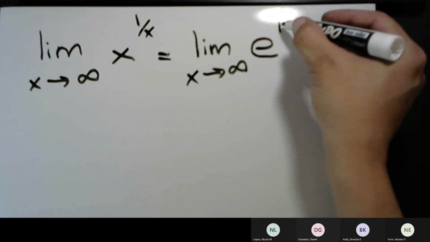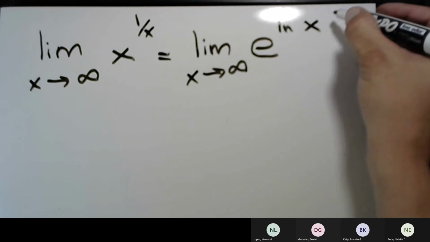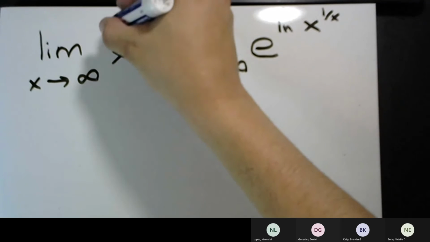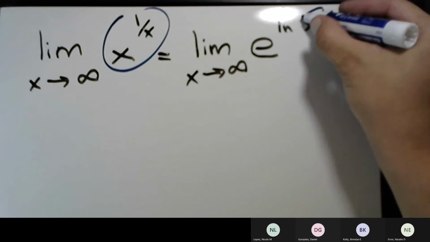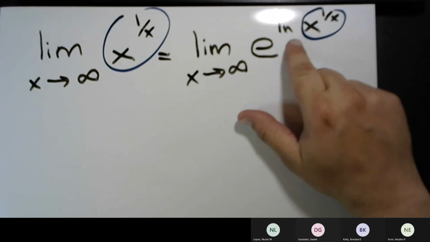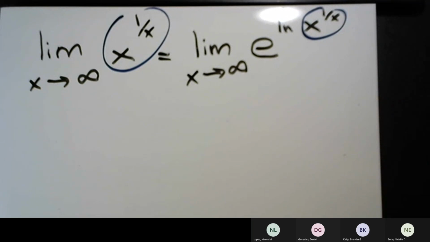You automatically go e to the natural log of whatever function you're working with. So you've got your function here. Now it's here. And the thing is, e and natural log cancel out. So it's like we really haven't done anything. We're just giving it a different kind of look.